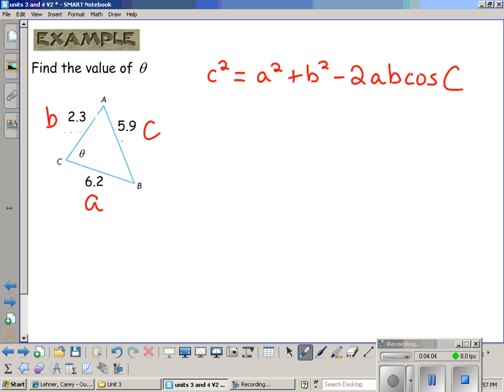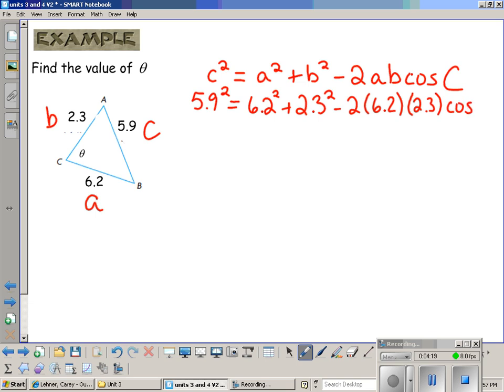And we are going to substitute the values that we know. We know that C is 5.9, A is 6.2, B is 2.3, and we are looking for cos theta. We don't know what that is.